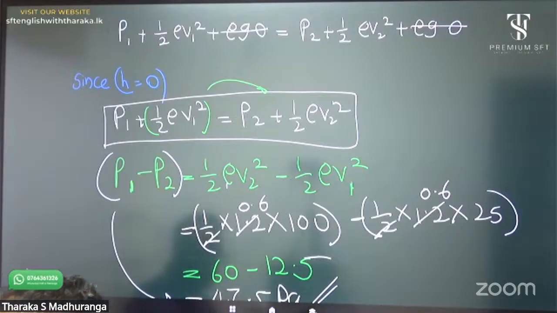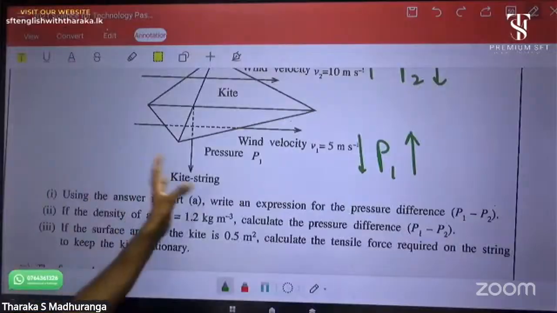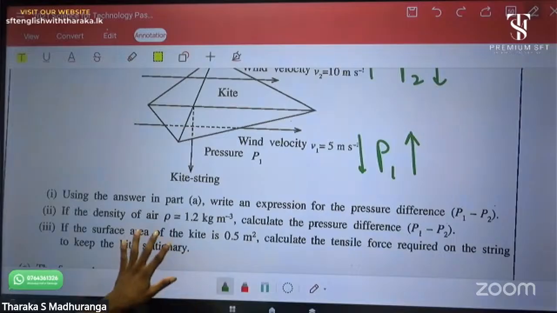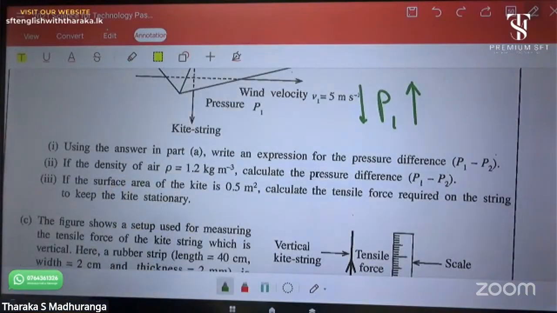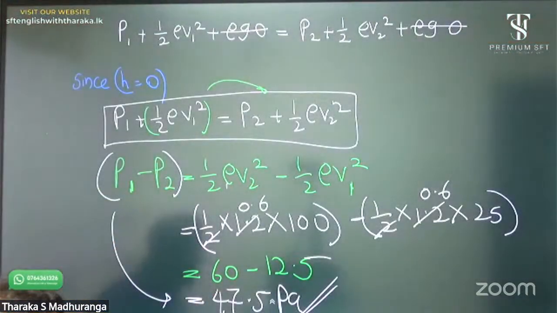Okay, let's go into the next part. Okay, pressure difference I got it. That was 47.5. If the surface area of the kite is 0.5 square meter, calculate the tensile force required on the string to keep the kite stationary. The pressure difference is 47.5.